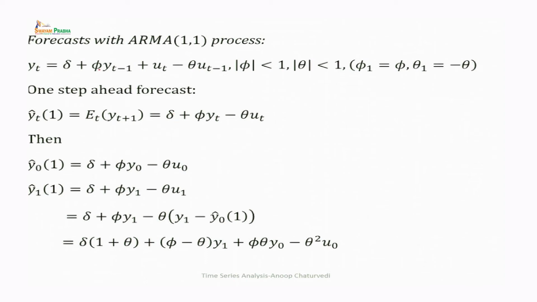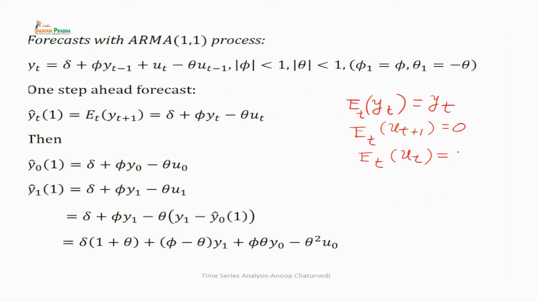So, you get delta plus phi times the expectation of y_t given the information set up to time t, which is obviously equal to y_t, minus, of course, the expectation of u_{t+1} is equal to 0. So, you get minus theta times the expectation of u_t given the information up to time t, which is equal to u_t itself.